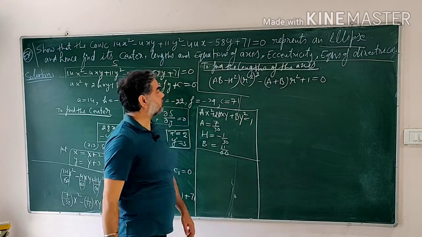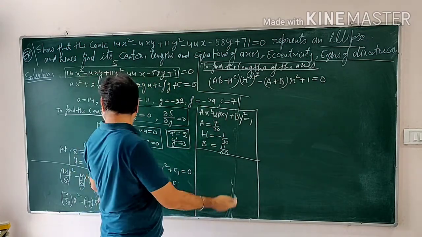This is a quadratic equation in r square, and the values of a, b and h you can take from here.